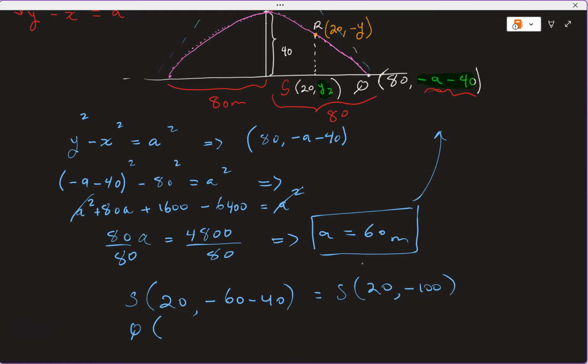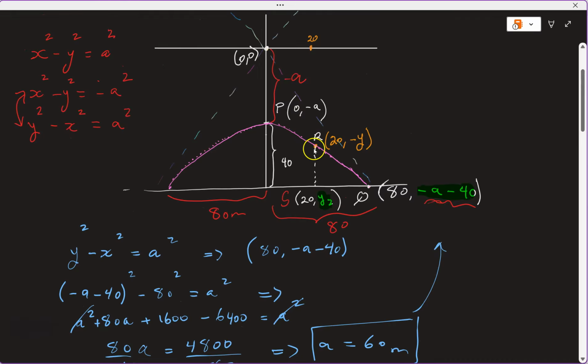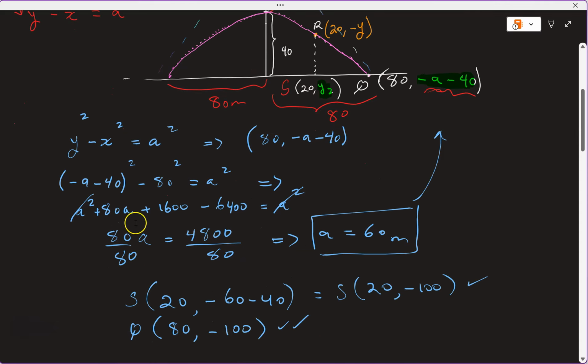Q as well will be, this time, 80 comma negative 100. So we have these two coordinates set up. Very nice. Now we're going to go ahead and solve for coordinate R, and once we know the total coordinate for the R point, which is negative y, we can look at the distance between R and S and then answer the question.